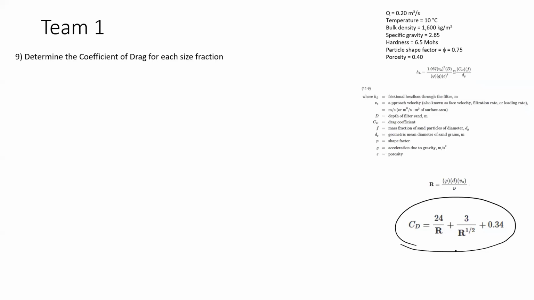So we use the general equation. So that is simply here. Again, we're going to do the same thing. We've got the coefficient of drag for that first particle size fraction. It's 24 divided by 1.12, plus 3 divided by the square root of 1.12, plus 0.34, and this is 24.7.